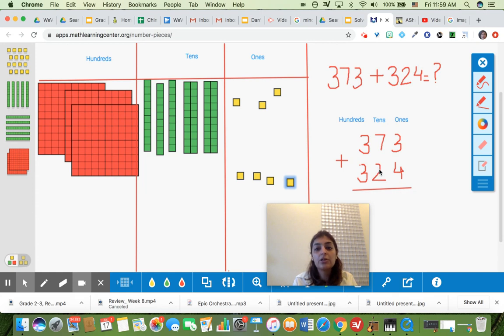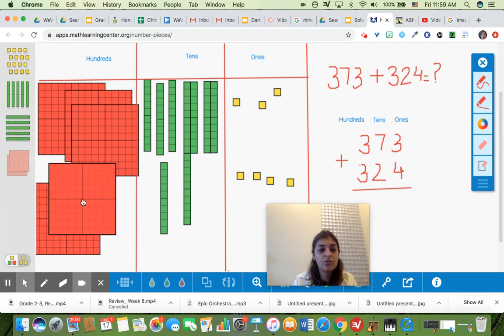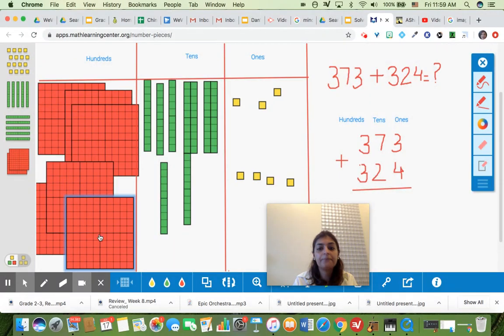We need 2 tens. So let's bring the 2 tens now. 1, 2. And we need 3 hundreds. 1, 2, 3. So we need to add these two 3-digit numbers to find the sum, to find the whole.